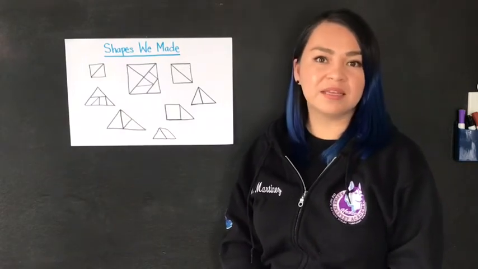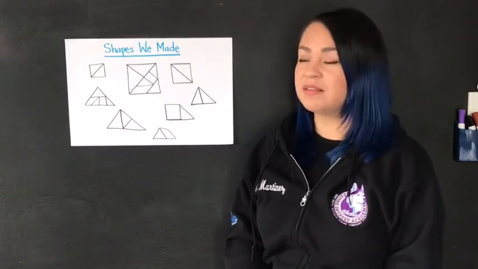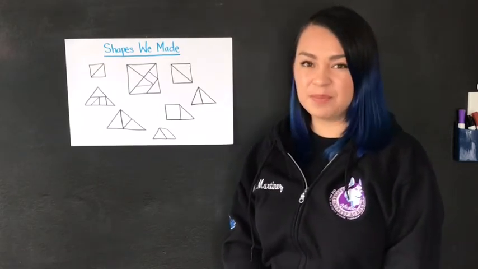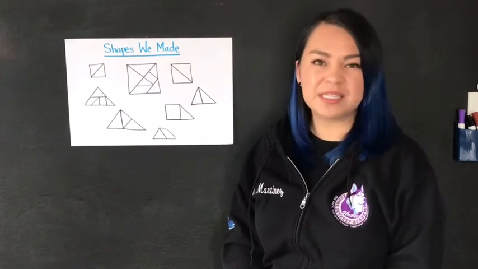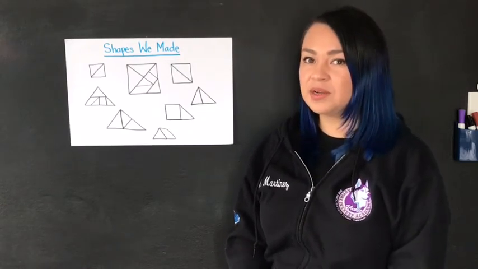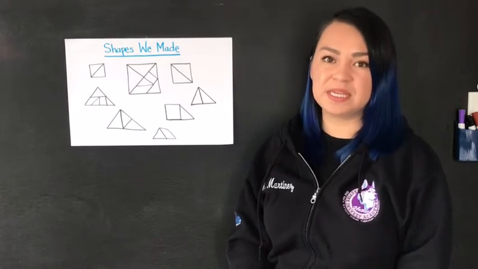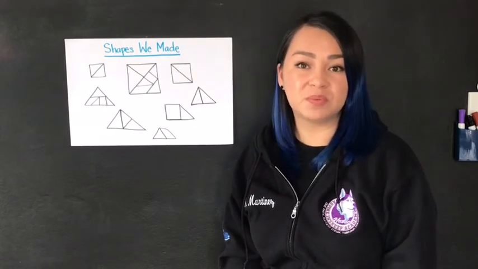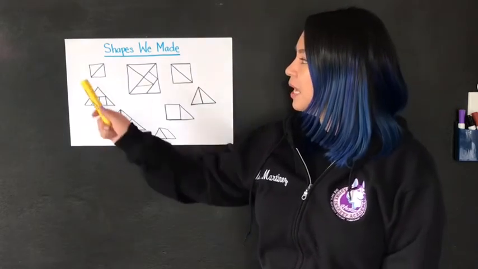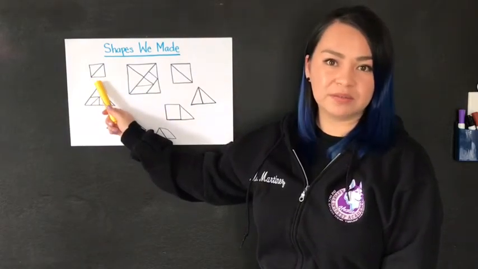I see that some of these shapes look like they are equal because they are equal in size, and some of them are not equal because they are not the same shape and they are not the same size. Let's take a closer look at each of these shapes and talk about whether the shapes that we see are equal or not equal. Let's look at the small square.